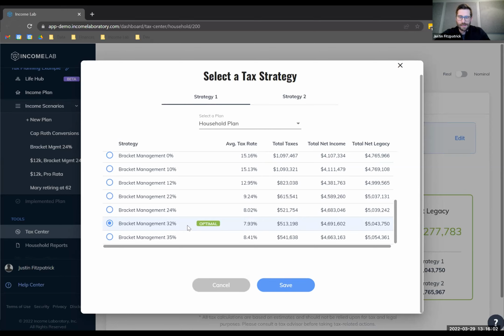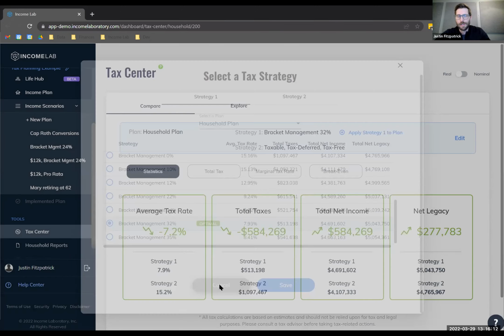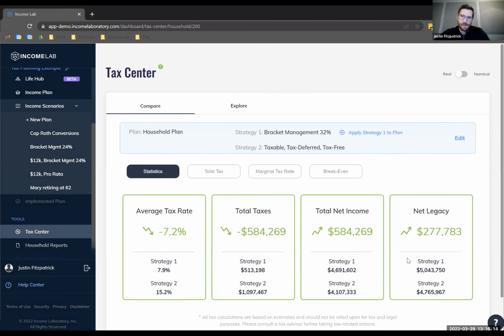Now, in this case, at least from a tax perspective, the thing that is projected to have the lowest total taxes is bracket management, so the 32%, but we'll talk about reasons you might want to explore some of the other options as well. But you see, this is probably our most popular view for talking with clients, right? It's kind of summarizing estimates over the entire plan.